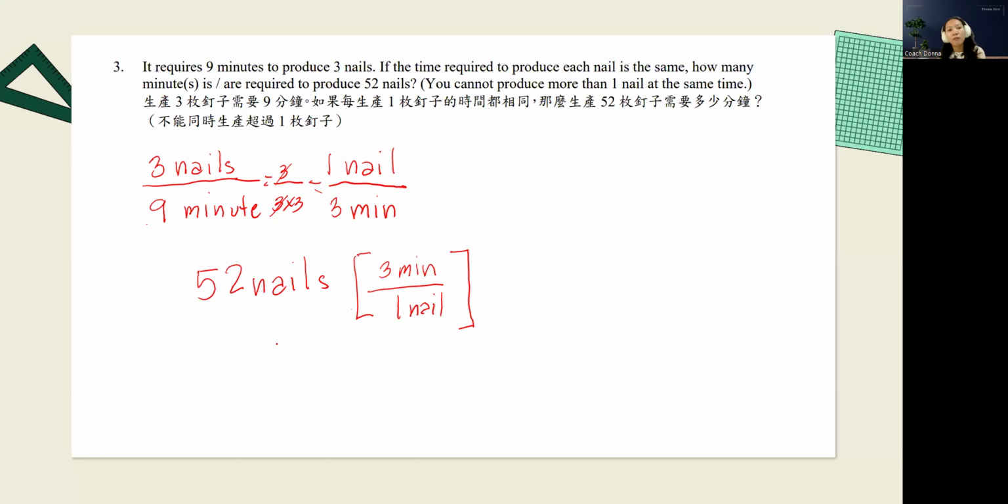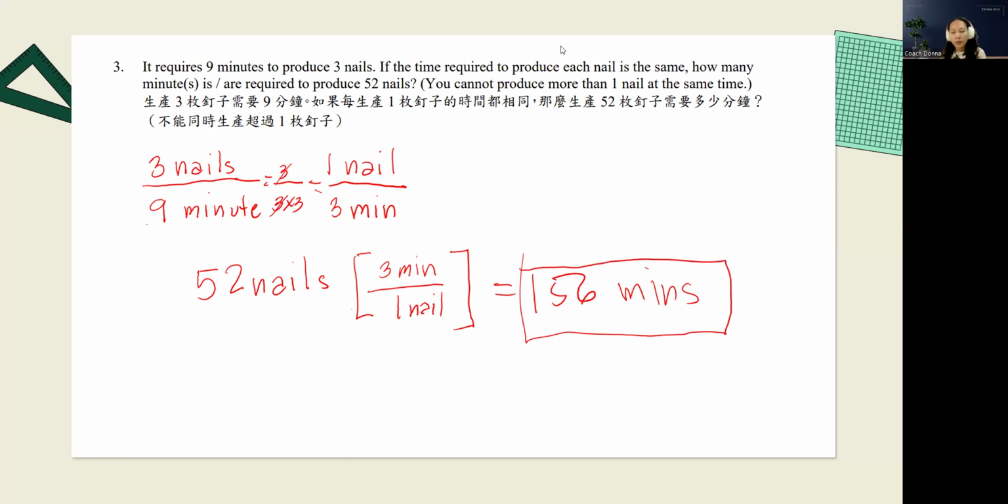But now you have 52 nails. So 52 times 3 is equal to 156. So it takes 156 minutes to produce 52 nails. This is our answer, 156.